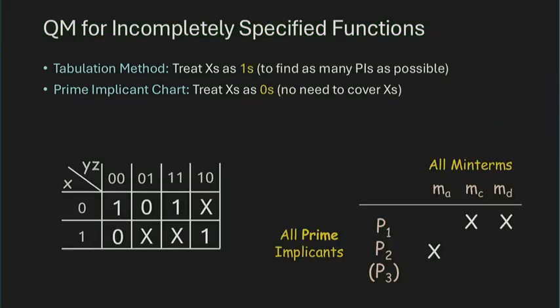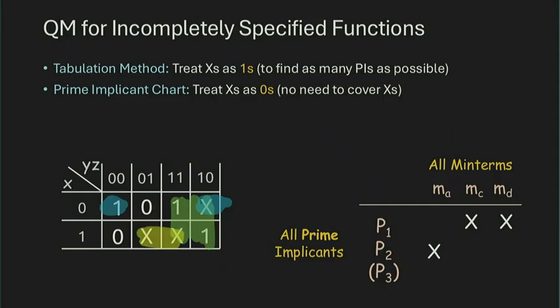And here I have a small example so that I can illustrate the idea. In this example, there will be 3 prime implicants. This is one of my prime implicants. The wraparound is another prime implicant. This yellow one is also a prime implicant, even though it doesn't provide any meaningful coverage.